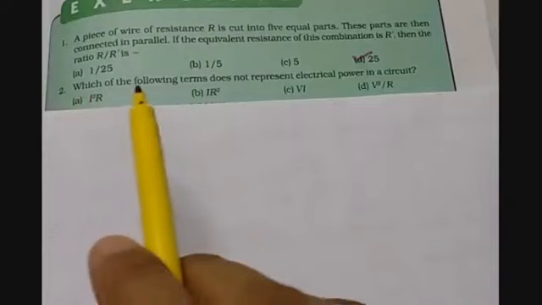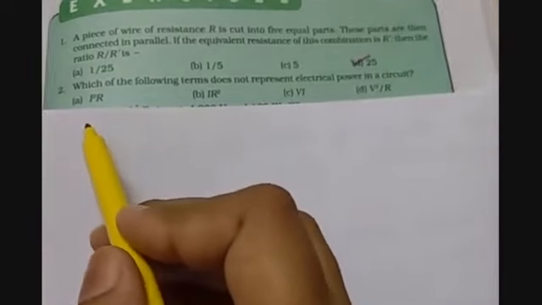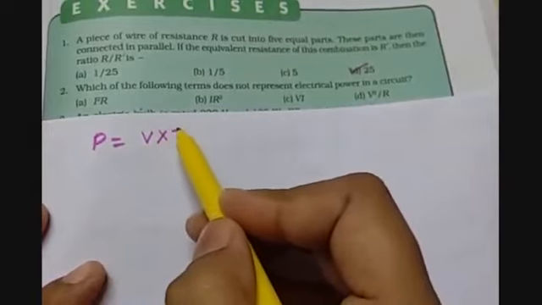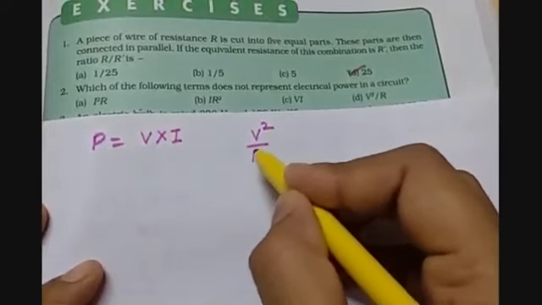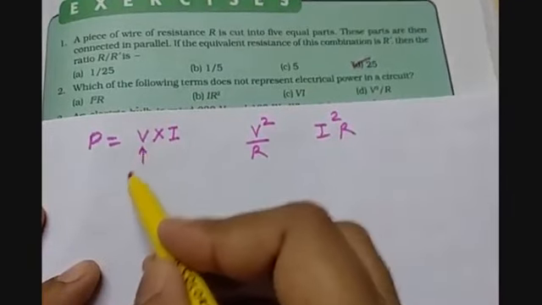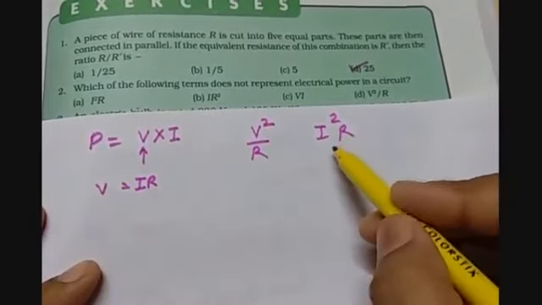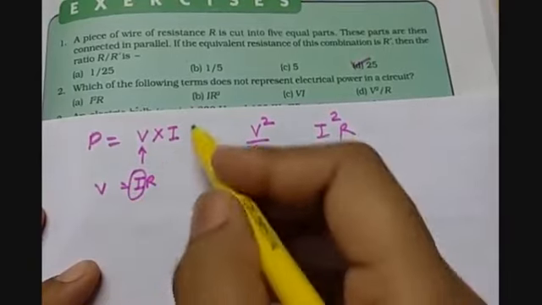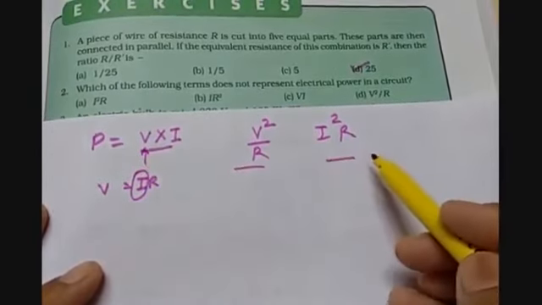Question number 2 is, which of the following terms does not represent the electrical power in a circuit? So we are talking about power. It has a formula, potential difference into current, and the modified forms of this are V square by R and I square R. Because when we place the value of V as IR, according to Ohm's law, it becomes I square R. And if we place the value of I from Ohm's law as V upon R, then we get V square by R. So all these are modified formulas of power.